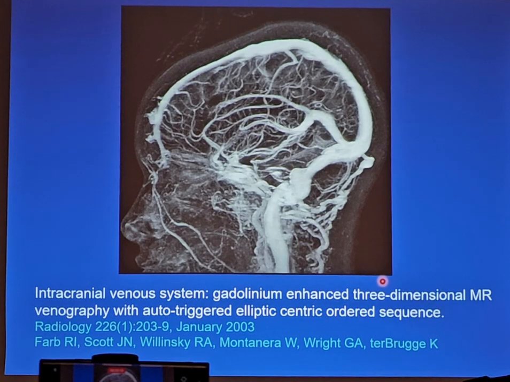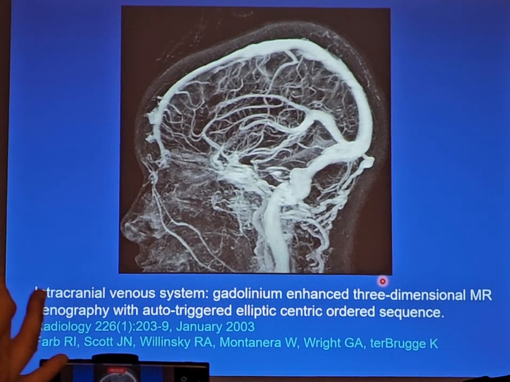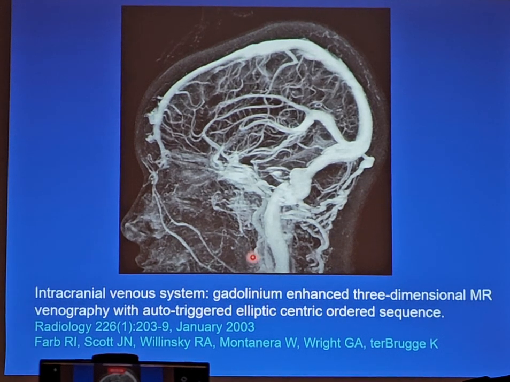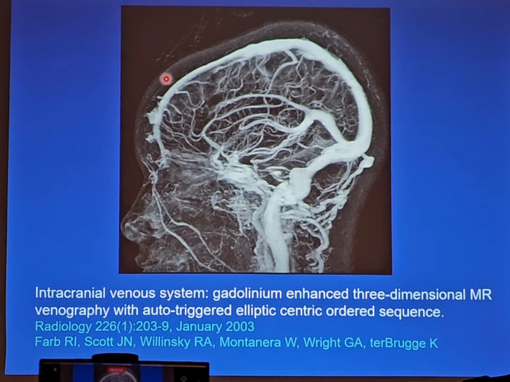We're lucky to belong to a group that was very keen on vascular imaging, non-invasive vascular imaging using CT and MRI. And Richard Farb was one of the leaders in this aspect, looking at visualization of the venous system using MRI technology.